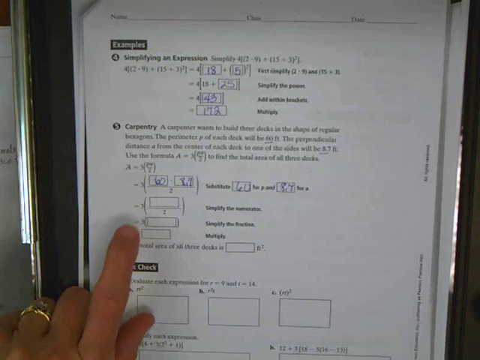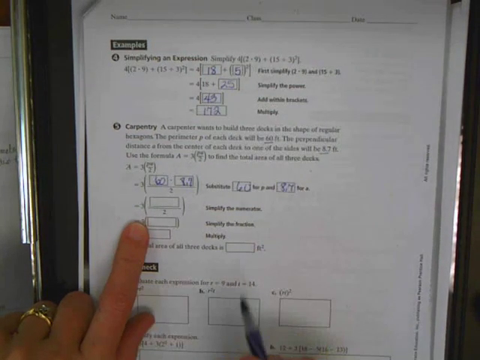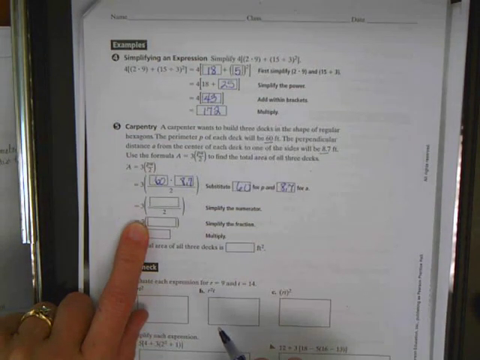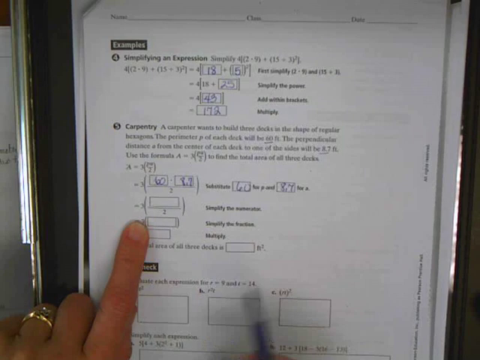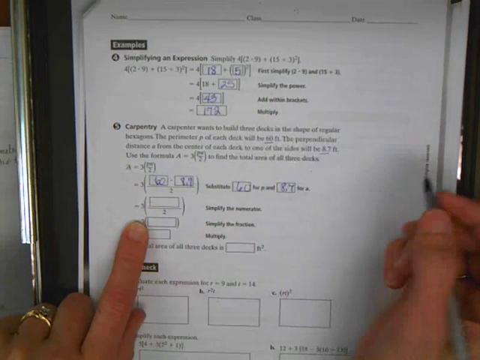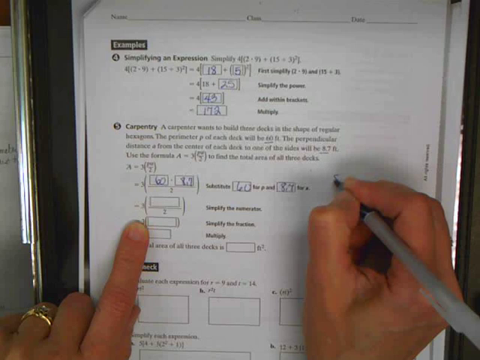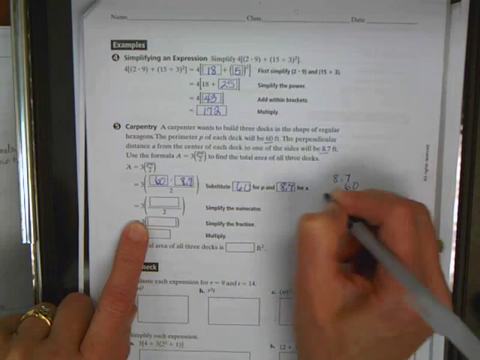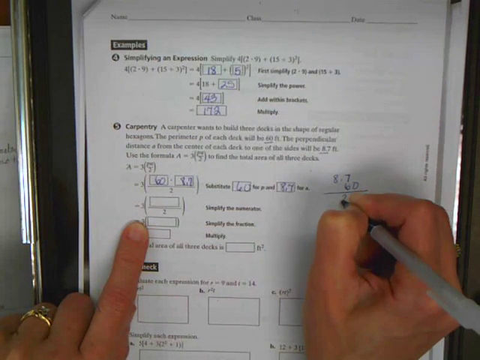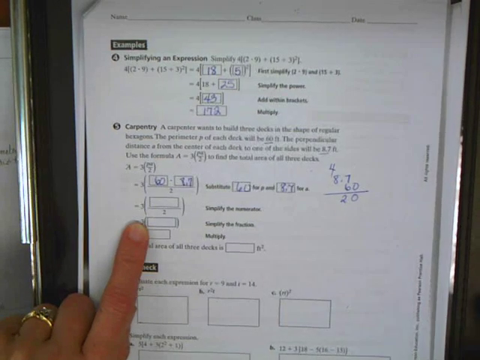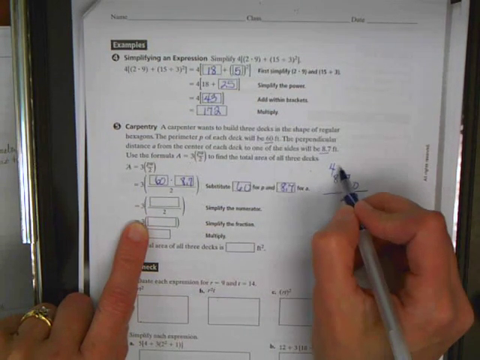Okay. Simplify the numerator. So 60 times 8.7 is going to be... I'm going to have to stop because I know I have a wrong answer here. Actually, not stop, but I'll do it off to the side. 8.7 times 60. 6 times 7 is 42. 6 times 8 is 48.